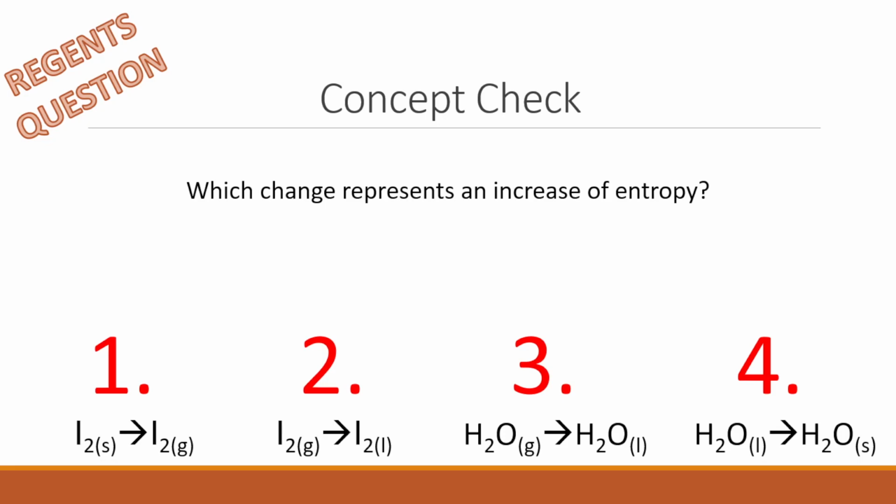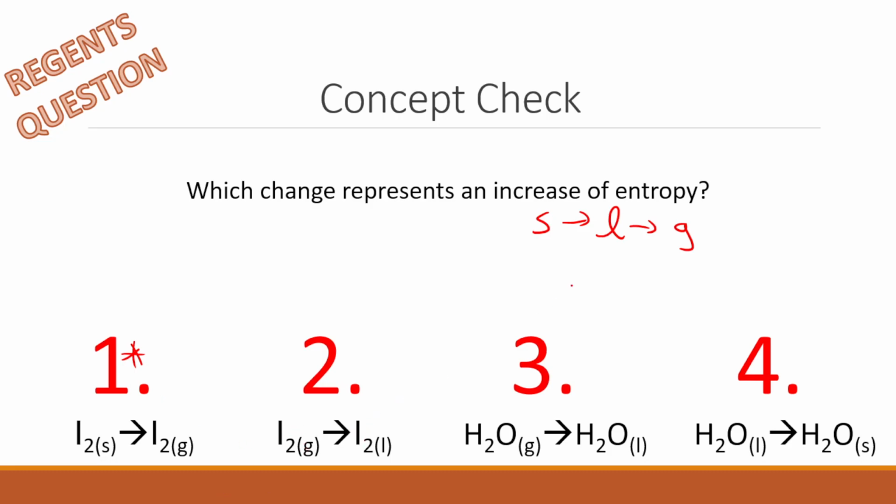If we want an increase in entropy, we want to go from solid to liquid to gas. We want to go up the heating curve. We want to get towards gas because gases are very chaotic, very random. Solid to a gas. That looks like a good option. I'm going to mark this one. We like that one.